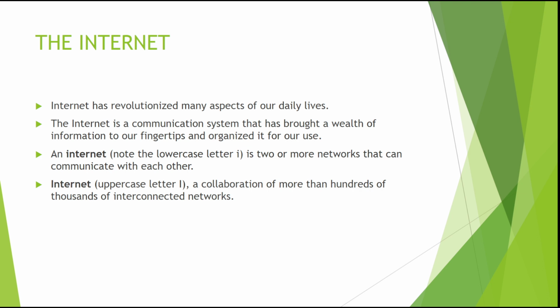That's why we're calling it a smaller one. So it's just able to communicate with each other. So when networks can communicate with each other, that's what we call an internet. Now, when we go to the capital lettered Internet, there are thousands and hundreds of interconnected networks.